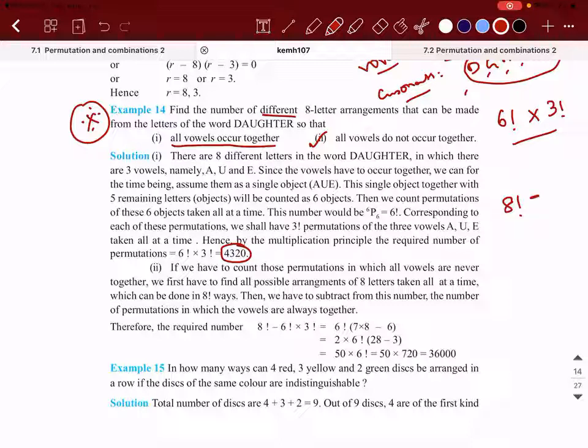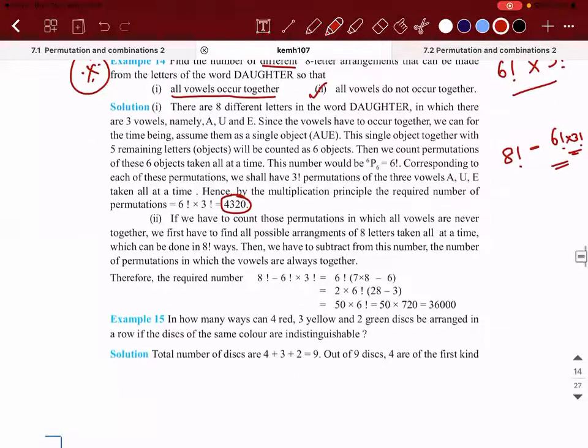I need to remove all those words where the vowels are occurring together. That is 6 factorial into 3 factorial. Now, does that make sense? Yes. So you have 36,000 such words which do not have the vowels occurring together. Right.